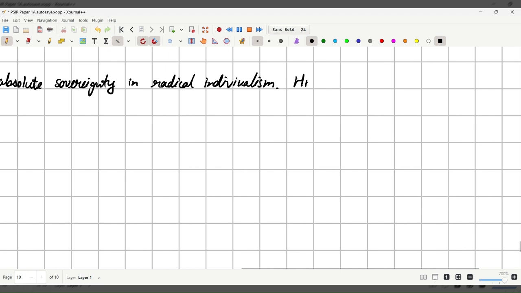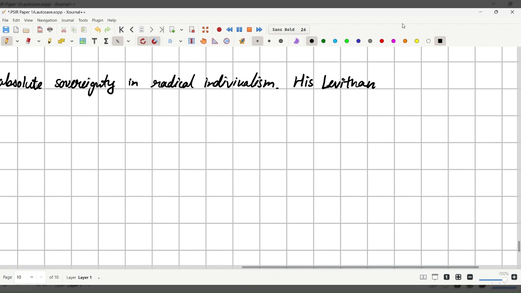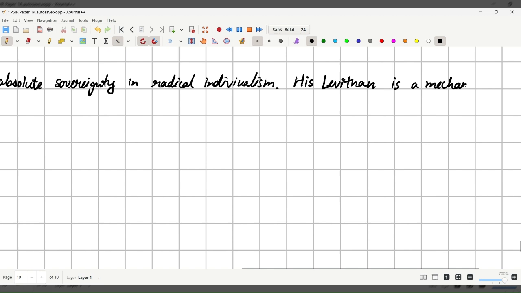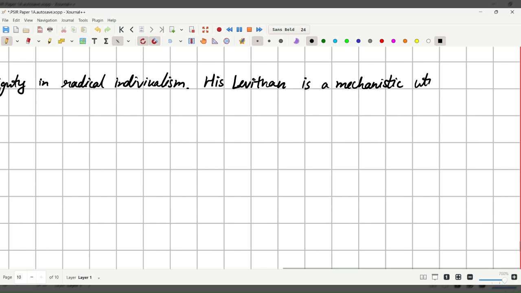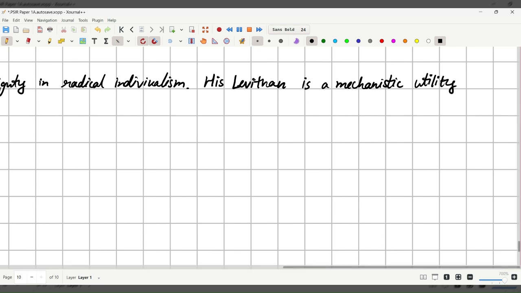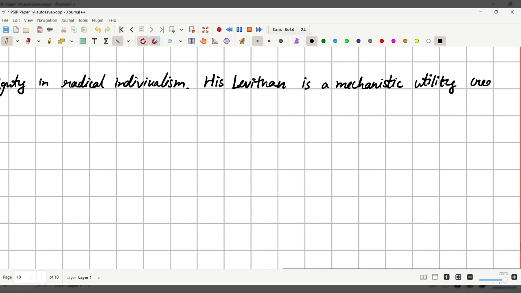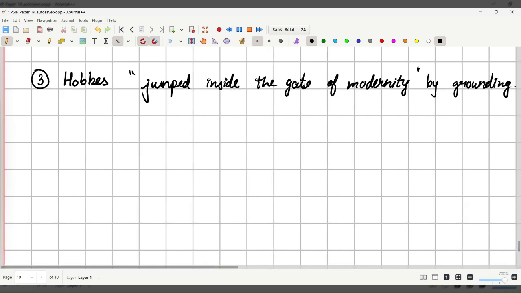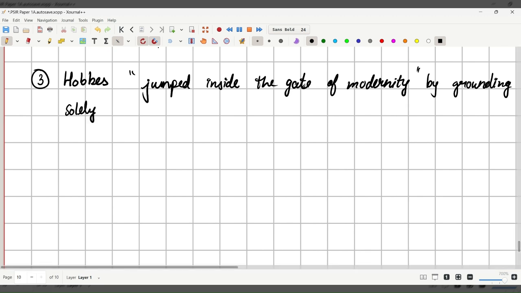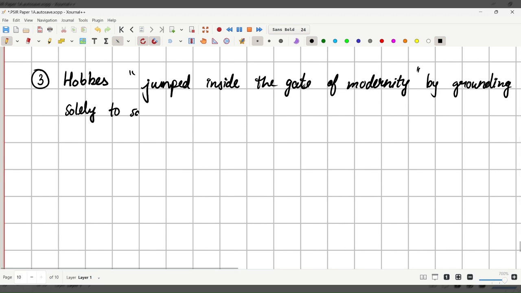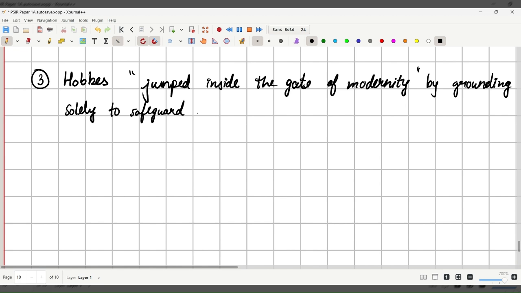His Leviathan is a mechanistic utility created solely to safeguard the right to life.